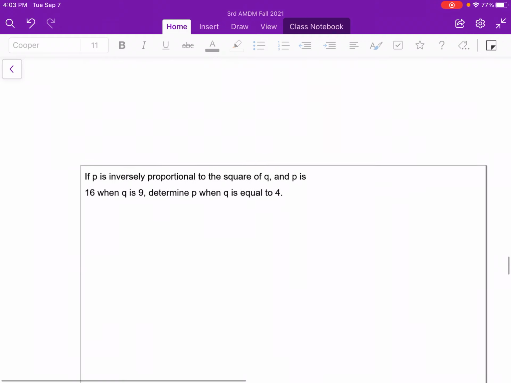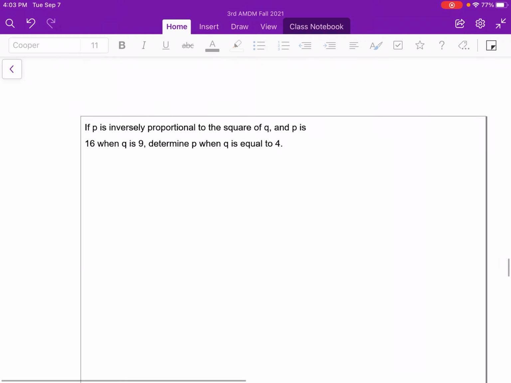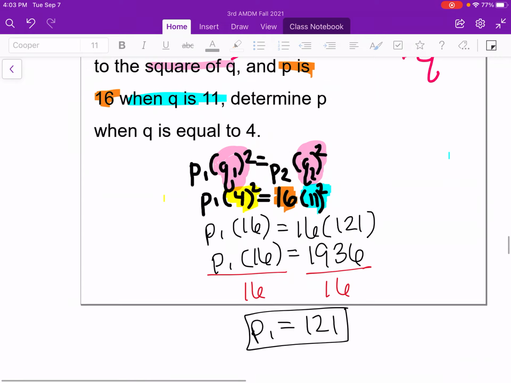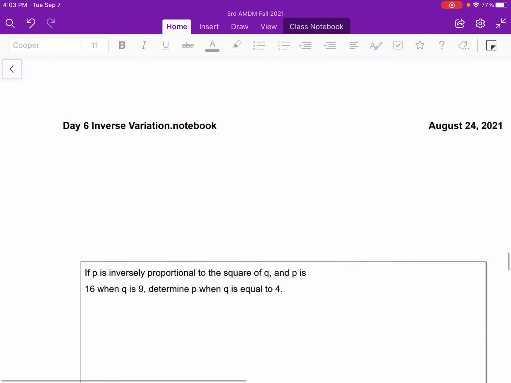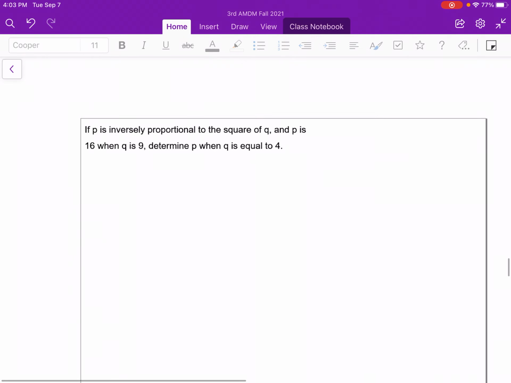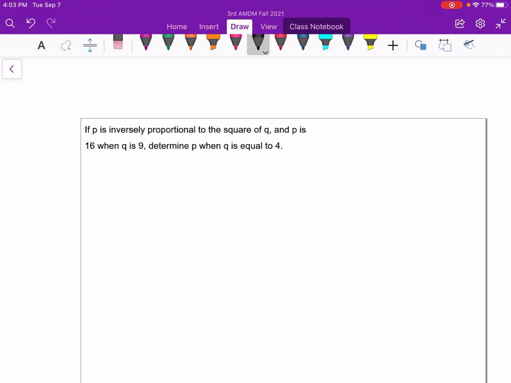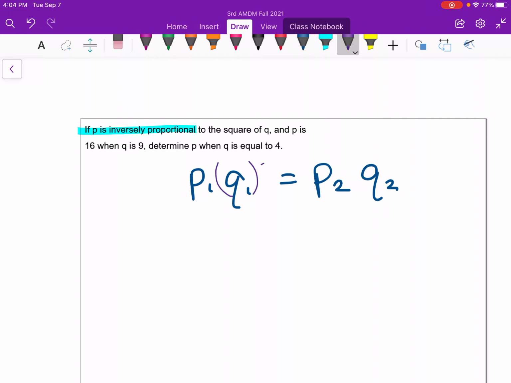So let's do another. If p is inversely proportional to the square of q, so remember, that's the inversely proportional part, we've got p1 q1 equals p2 q2. To the square of q means that these are both squared.